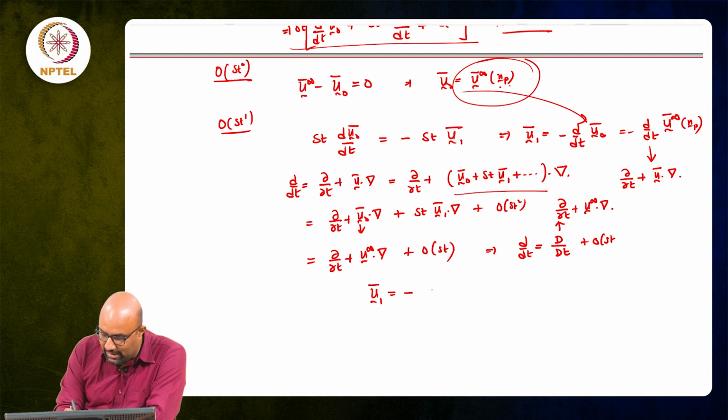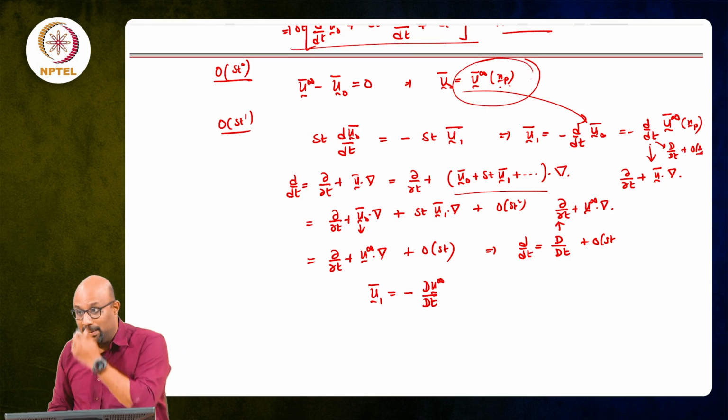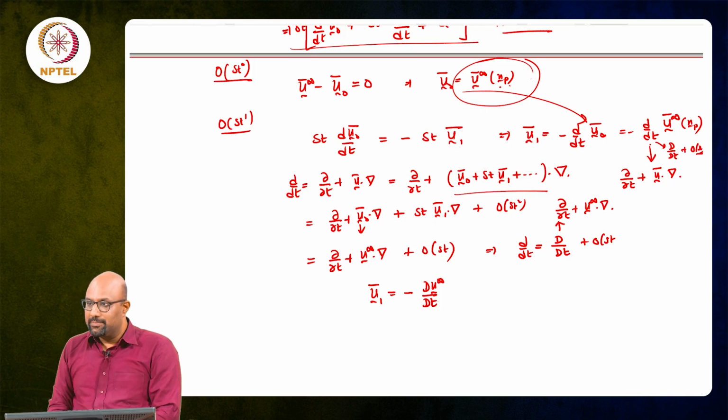So when we are writing this minus d dt there, we should be writing it as minus capital D dt of u infinity, because this has a part which is capital D dt and then there is an order Stokes term. I shouldn't be carrying that order Stokes term there.